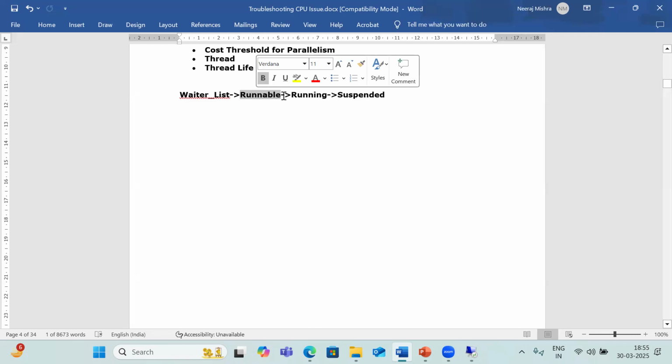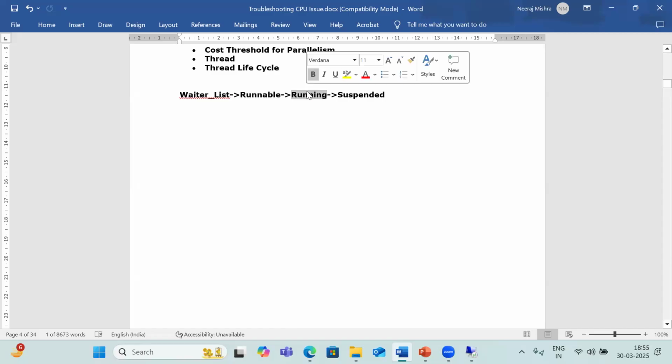When a quantum is assigned, that is 4 milliseconds of CPU time is assigned to that thread, then it enters into the running state. The query thread will start running if the resources on which it has to operate, either for read or write operation, are available.